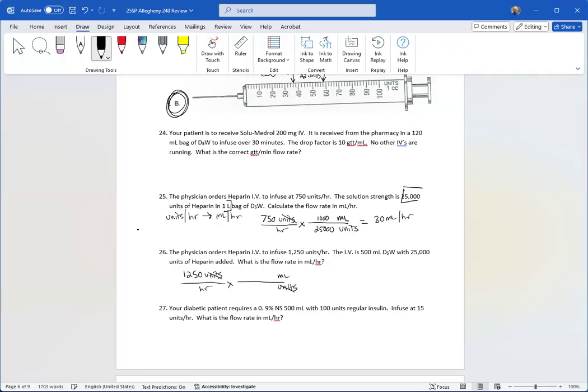So that's what I did here too. 500 milliliters, 25,000 units. And then I just plug it into the calculator. 1250 times 500 divided by 25,000. And I get 25 milliliters per hour.